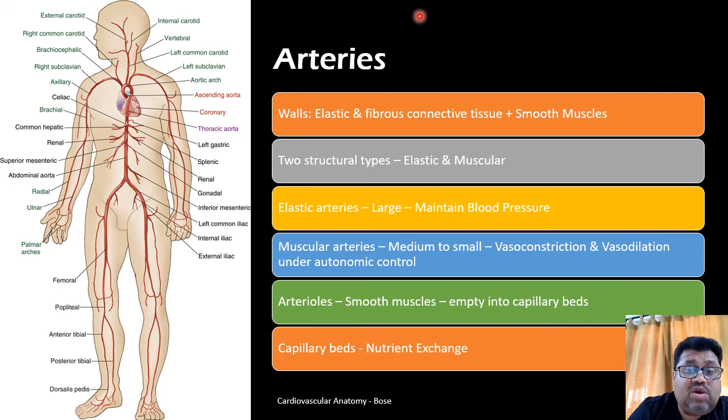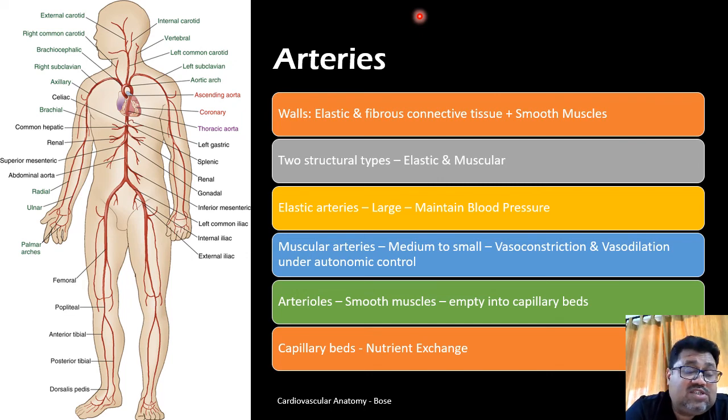The muscular arteries are present in medium and small arteries, where there are more smooth muscles within the tunica media. This is the difference between elastic arteries and muscular arteries.